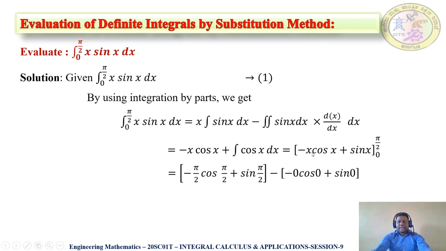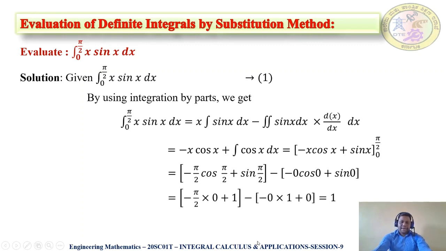Now apply the upper limit, wherever x is there, it is pi by 2. Next take minus, then wherever x is there, put 0. We get minus pi by 2 into cos pi by 2 plus sin pi by 2, minus of minus 0 into cos 0 plus sin 0.